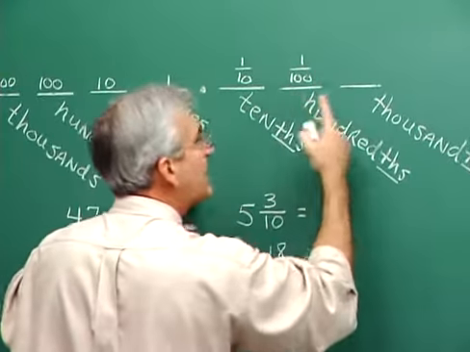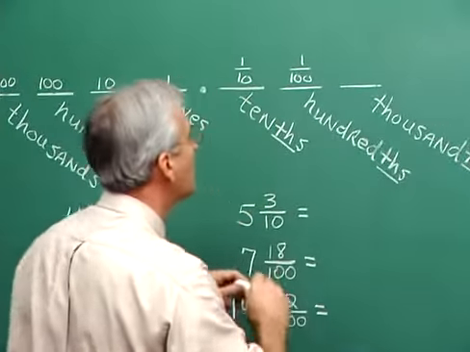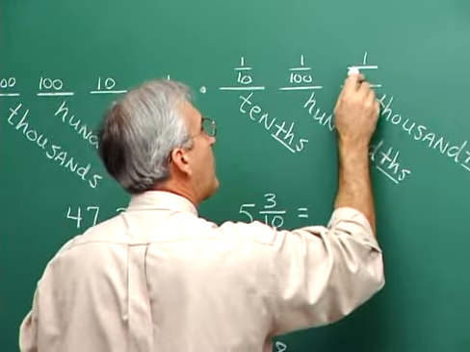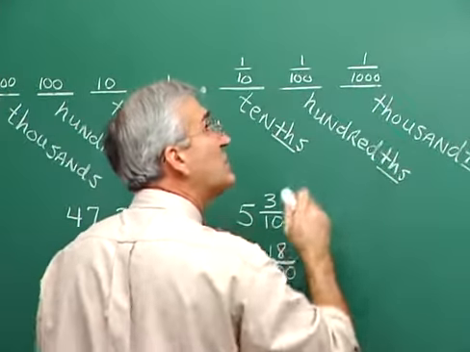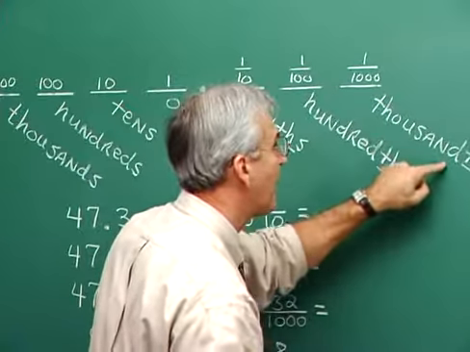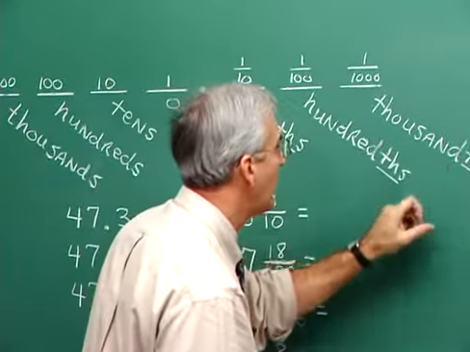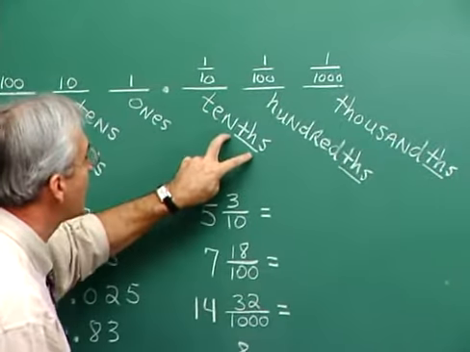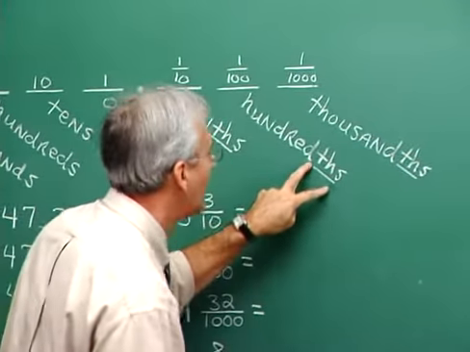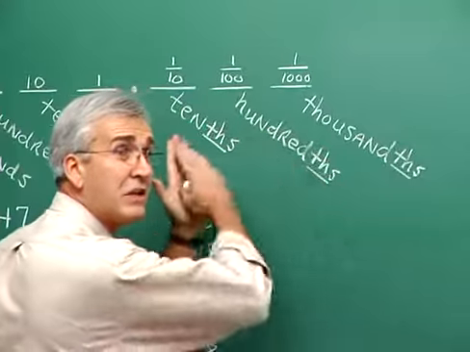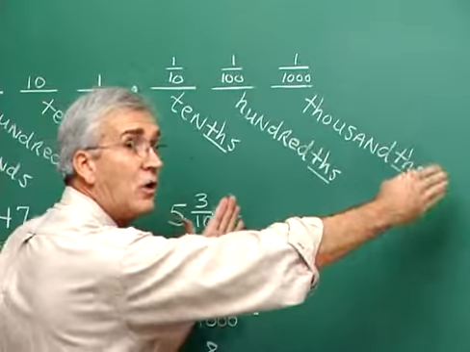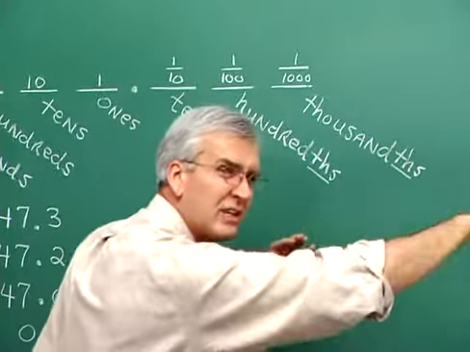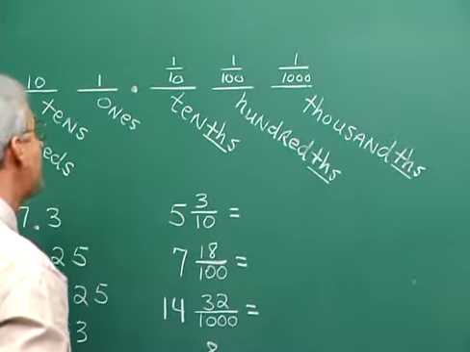Then divide by 10 again, and so on. It just keeps on going forever. Divide this by 10, we get 1/1,000th as the digit value, and this is called the thousandths digit. Notice the "ths" here for each one of these. So it's tenths, hundredths, thousandths, and then we would continue on: ten-thousandths, hundred-thousandths, millionths, ten-millionths, and so on. All right, so that's the idea.